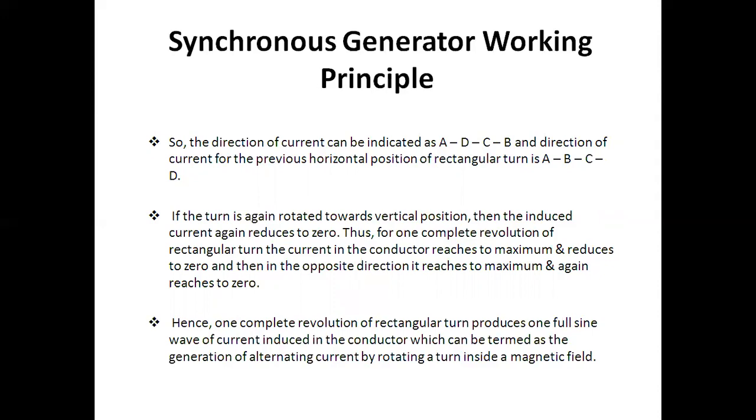This is already shown in our previous slides. Hence, one complete revolution of the rectangular turn produces one full sine wave of current induced in the conductor, which can be termed the generation of alternating current by rotating a turn inside a magnetic field.